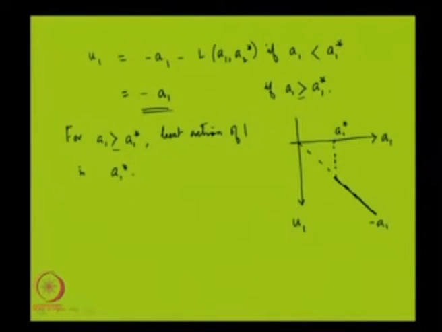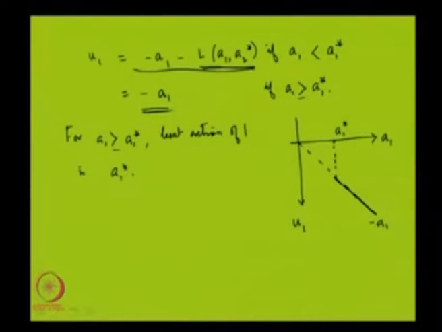Now, the problem is, if A1 is less than A1 star, then I do not have this function anymore. I have this function, and in this function I know that as A1 falls, this L thing rises.